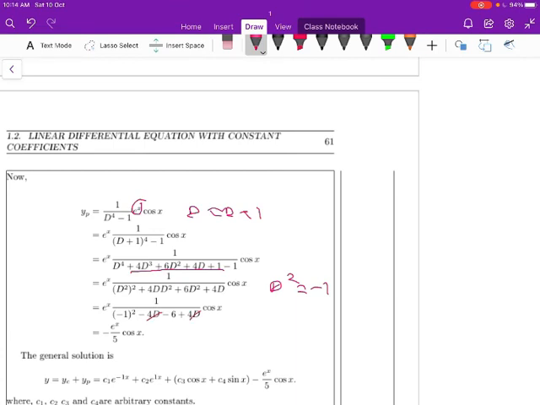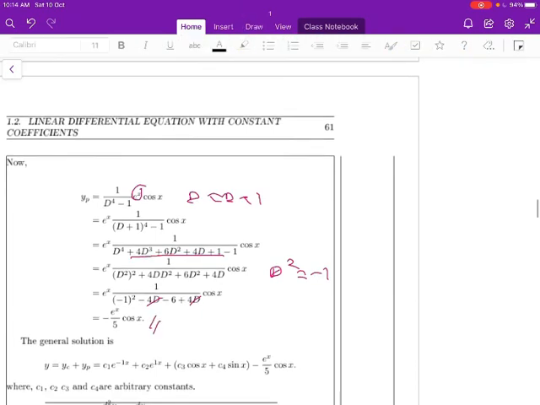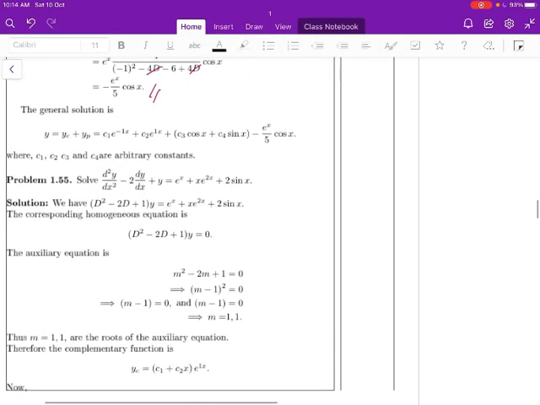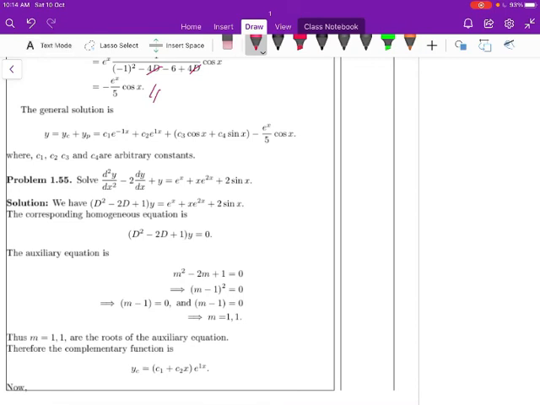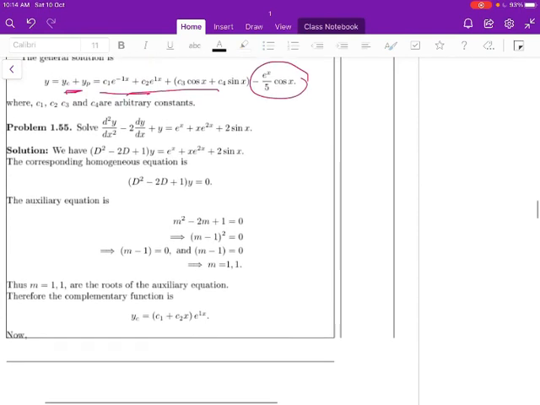So minus 4d plus 4d get cancelled here. So e power x by minus 5 into cos x. This is the particular integral. Therefore the general solution is yc plus yp, where yc is the first part and yp is the second part.